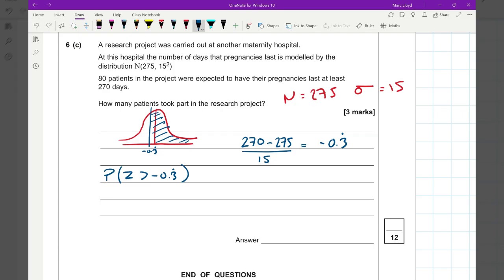My upper value, I can put that to 500. And then we want our standard deviation to be 1 and our mean to be 0. Now, by putting that in, I've managed to get myself a value of 0.6293001. Now, what I've put in there, I've actually gone 0.33. So I've rounded that to 2 decimal places.